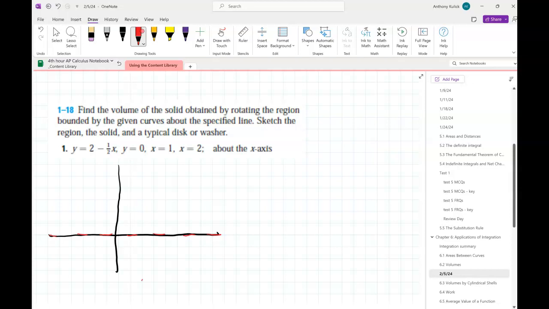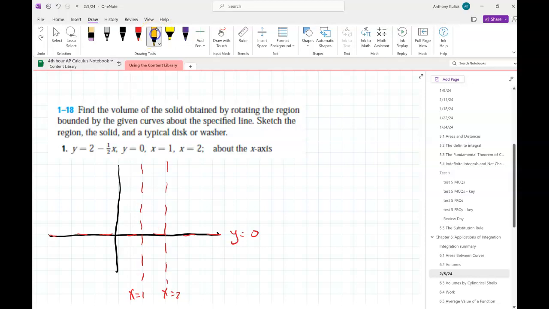That's a vertical line through the x-coordinate 1, 0. X equals 2. That's another vertical line. Everybody feel okay so far? And then my third boundary is the curve y equals 2 minus 1/2 x. So I know that whatever I'm doing is in here, right?